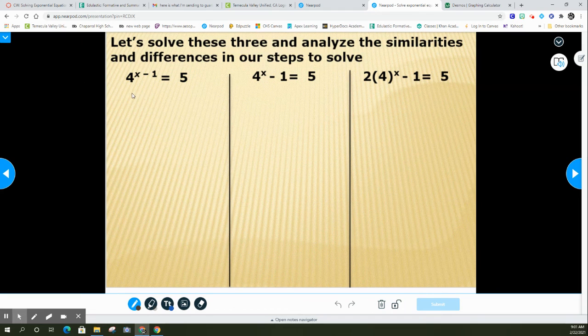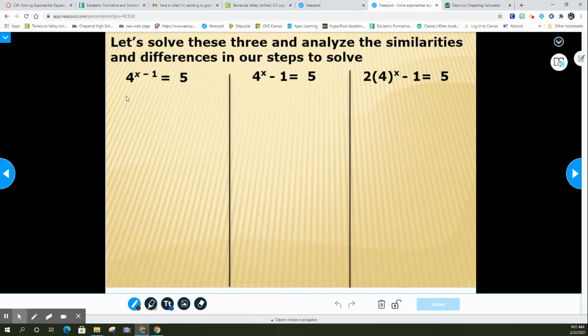All right, so let's solve these three and let's look for similarities and differences. So again, let's use the rewriting thing here. Here, the x minus 1 is the exponent, so it's ready for me to rewrite. Okay, it's an exponential where that power is by itself, right?